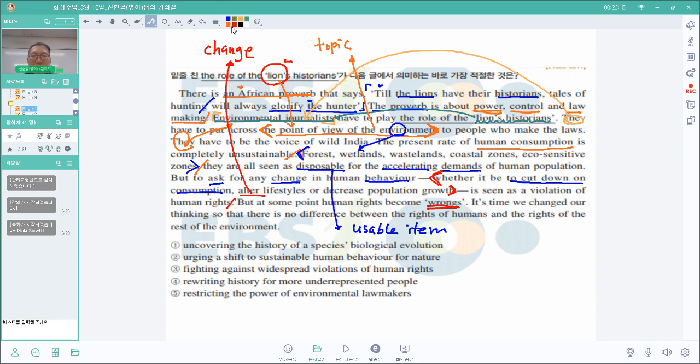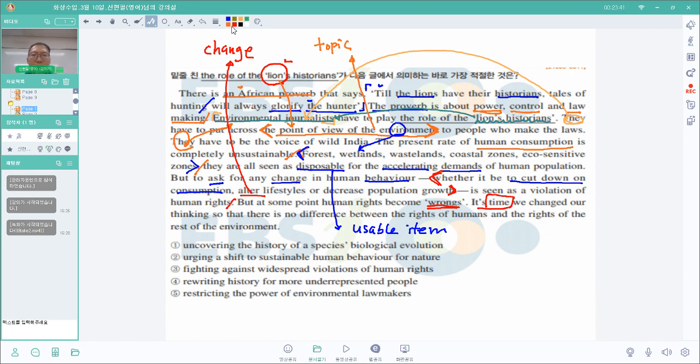Yes, it is okay for humans to use the environment and nature to some degree, but if we do it excessively, at some point our human right becomes wrong to nature, wrong to the environment. Okay? So it's time we change our thinking, so that there is no difference between the right of humans and the right of the rest of the environment. If we keep doing this, our earth will disappear soon.